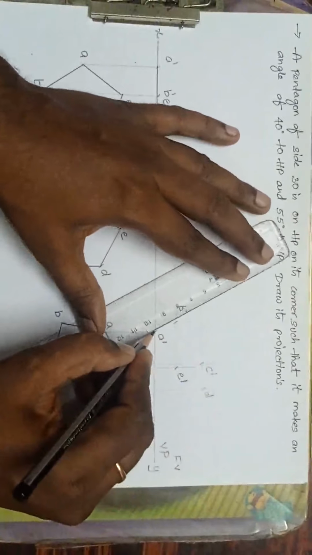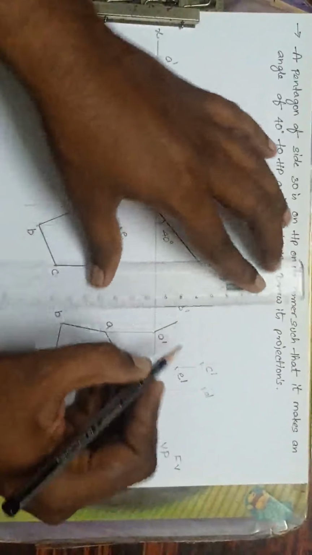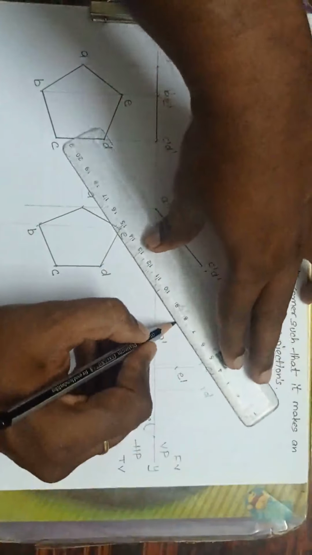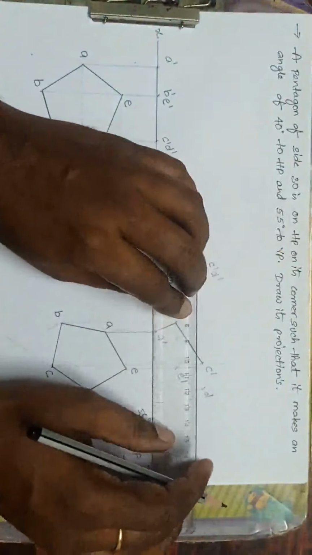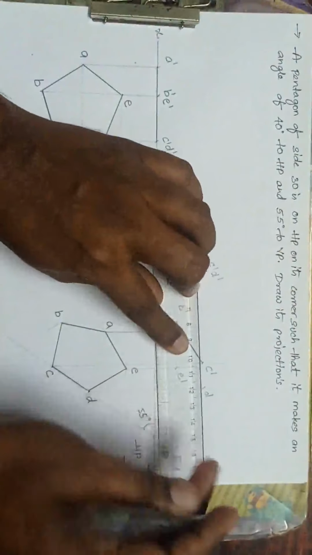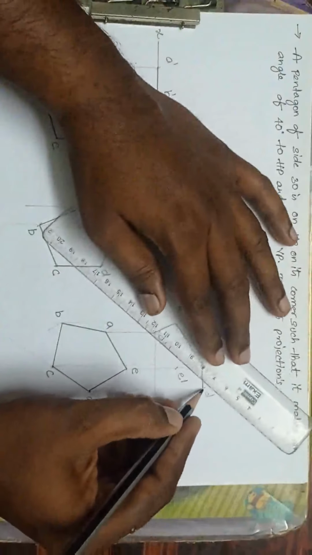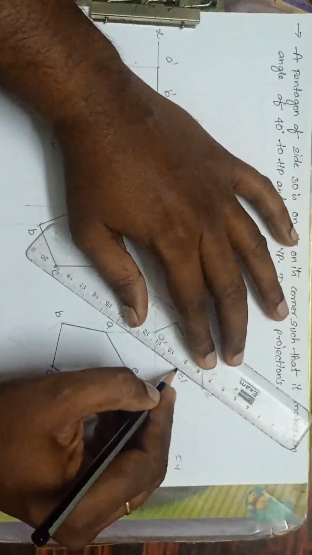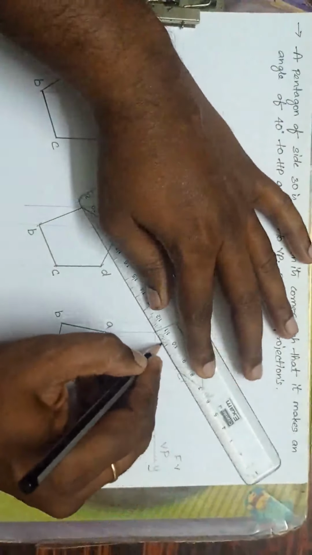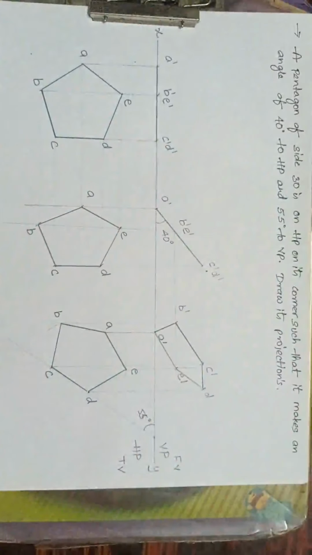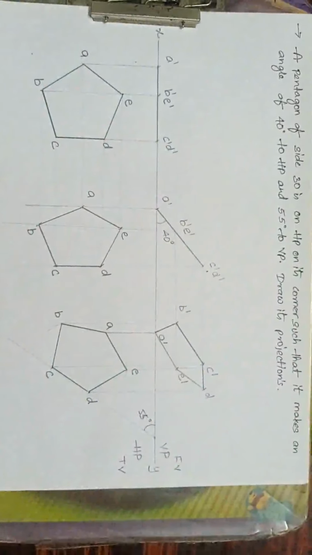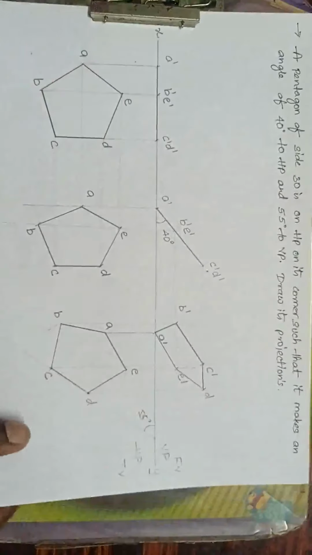What will I get? This is A dash, B dash, B dash, C dash. Now C dash, D dash, D dash, E dash, E dash and A dash. Like this I will get. Okay, fine. Let us come to the next question.